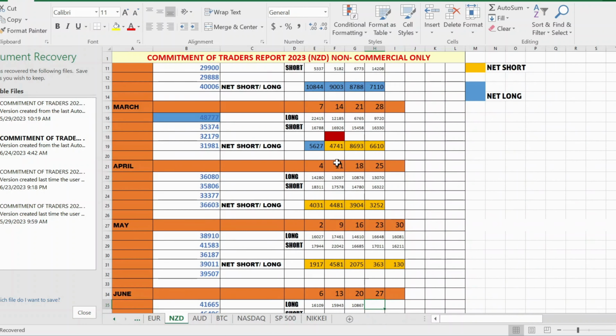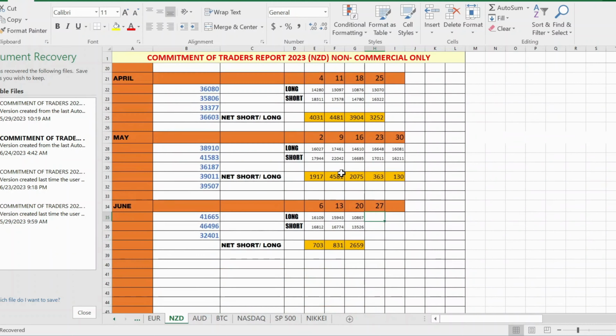So you can see there is a red alert here showing that there has been a shift in sentiment. So the color changed from blue to yellow. And the market is still bearish on the New Zealand dollar.